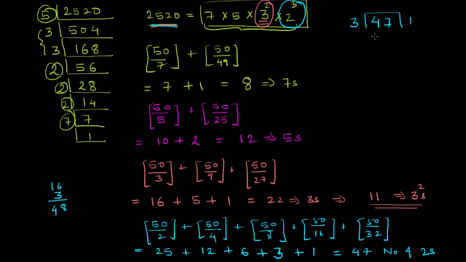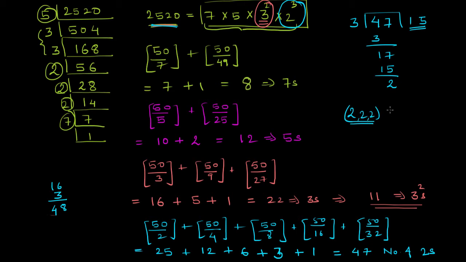So 3 1's are 3, 1 7 and 3 6 are 18. So I will take 5. 3 5's are 15. So I'll have 2 as a remainder, which means that I can form 15 groups of three 2's. If I am counting the number of three 2's available in 47 2's, I can form 15 such combinations.